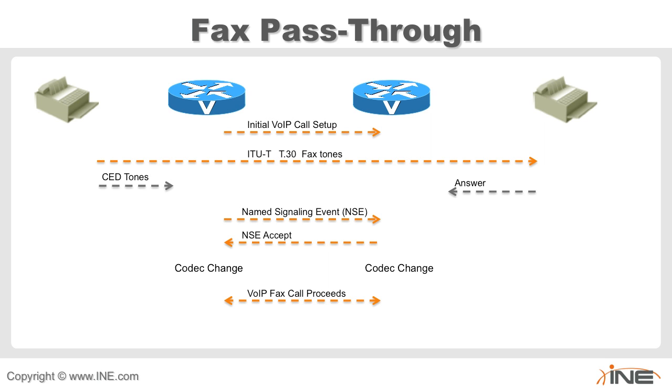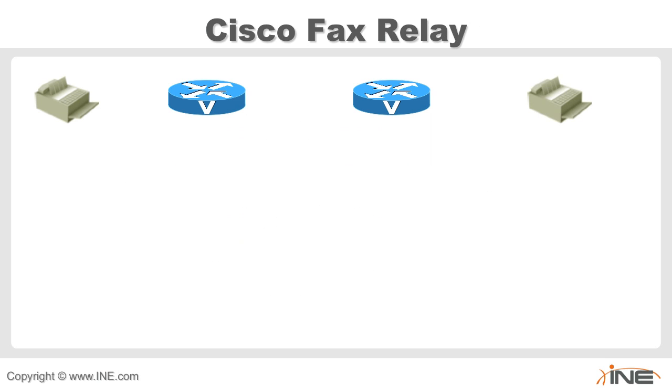And then the fax call can proceed, sampled in the G711 RTP media payload. A much more reliable way is Cisco Fax Relay. The T.30 terminates at the router. The router sets up a VoIP call to the other side, and the terminating gateway signals the terminating fax through T.30 to set up the call. The CED tones are the endpoint identification.